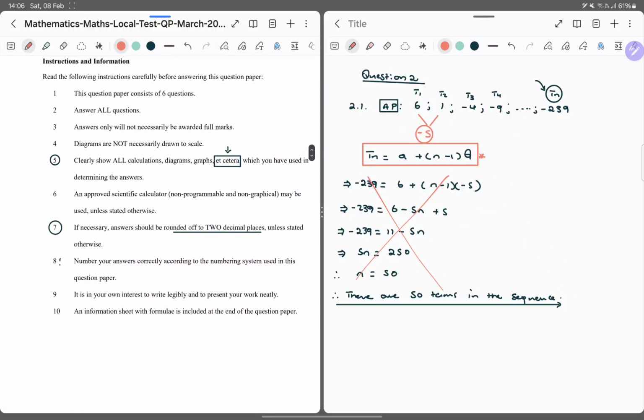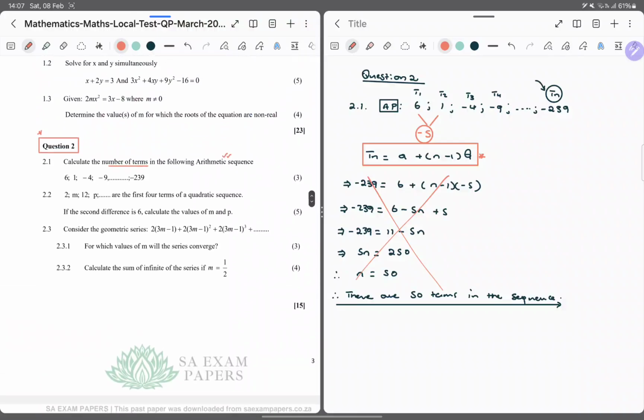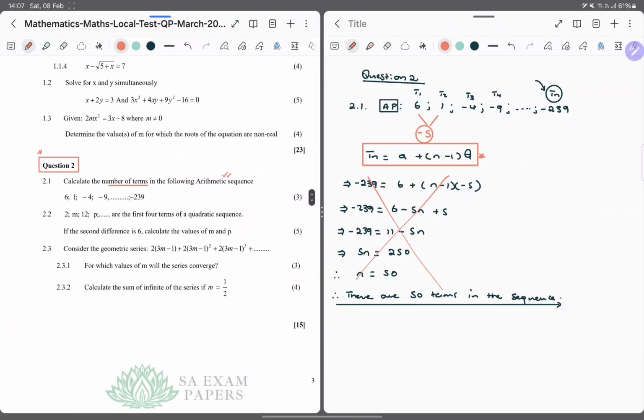Remember this instruction? It says we need to clearly show all our workings. And that means a rule or a formula, okay? So showing this, we can then mark the substitutions, provided they are correct.